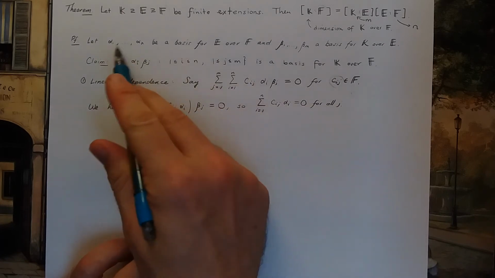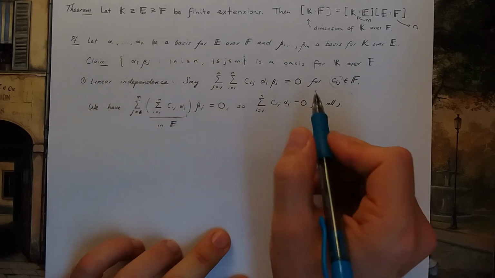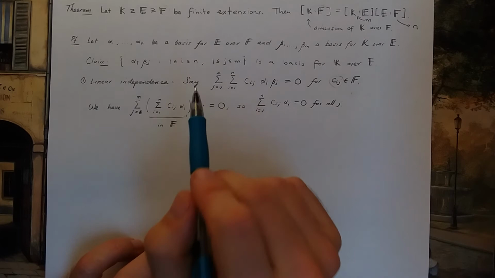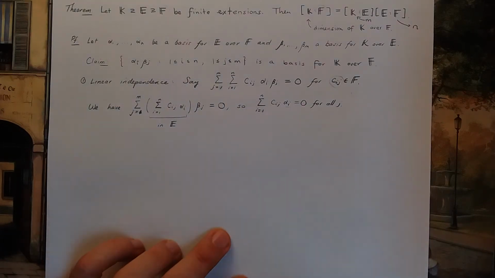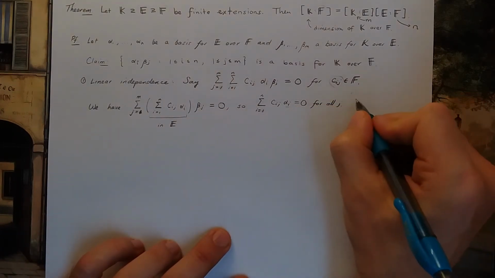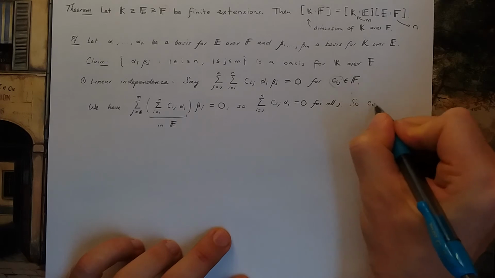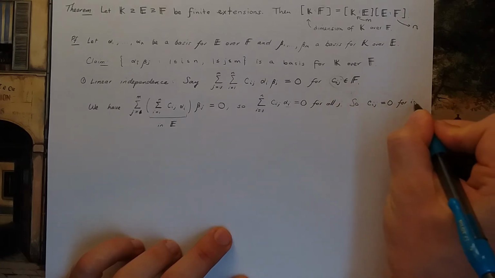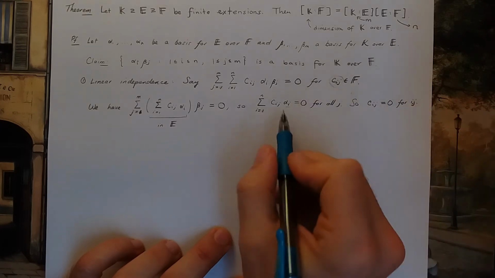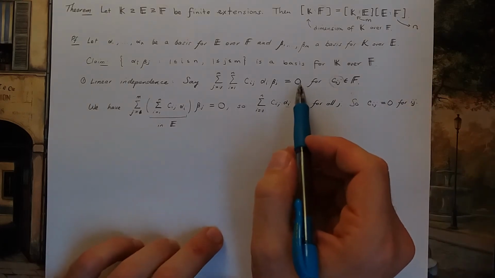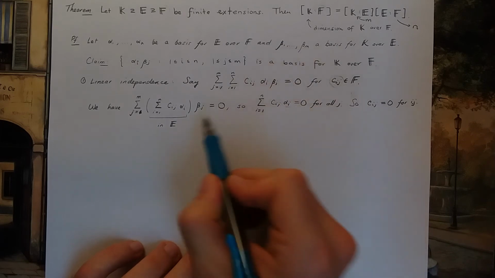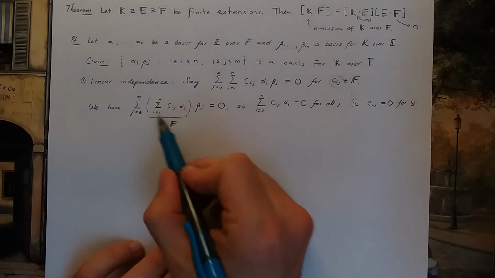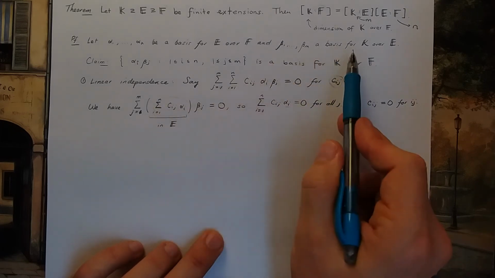Now, alpha 1 through alpha n, these are linearly independent because they're a basis for E. Therefore, Cij is 0 for all i and j. So I'm just using the fact that beta 1 through beta m is a basis to get these sums to equal 0.